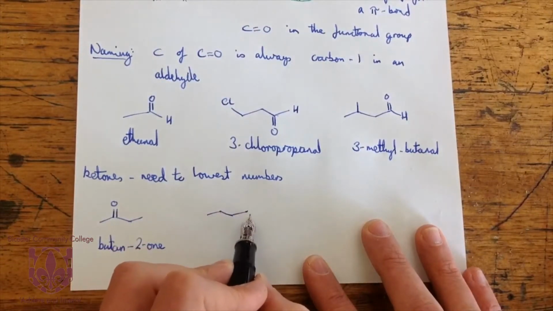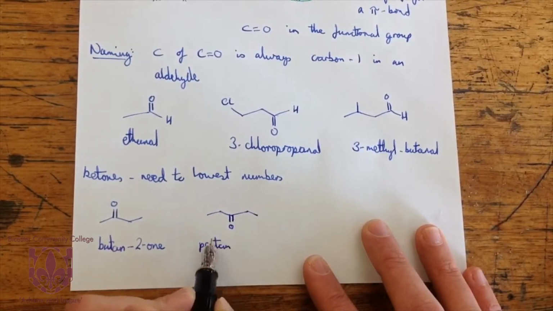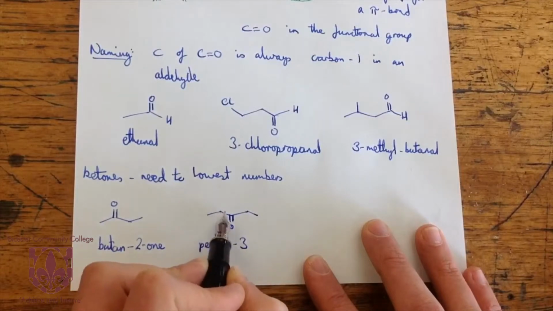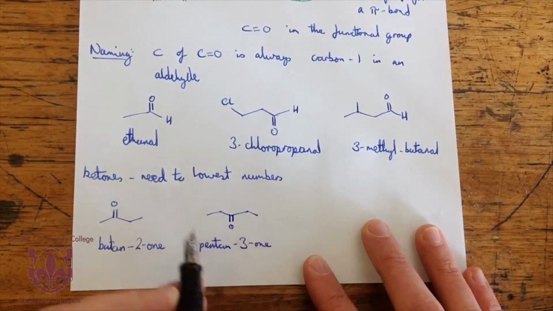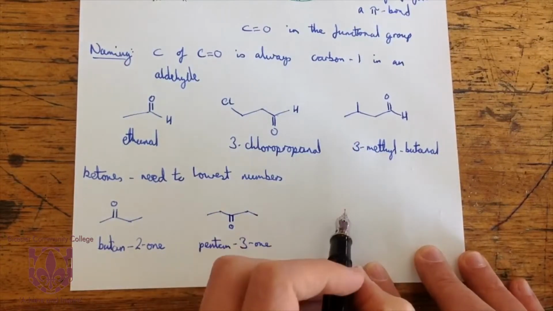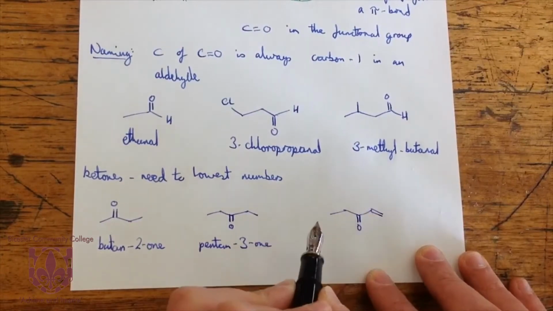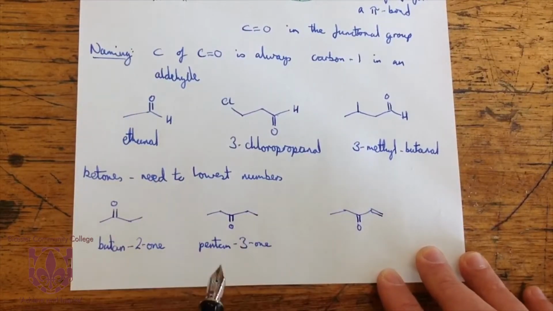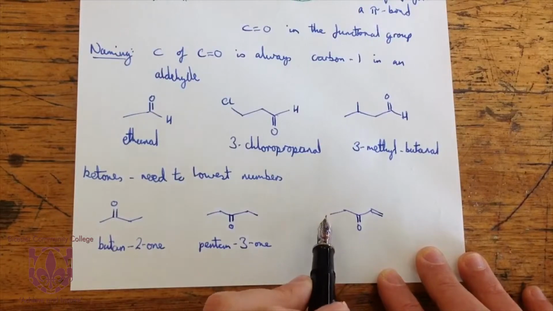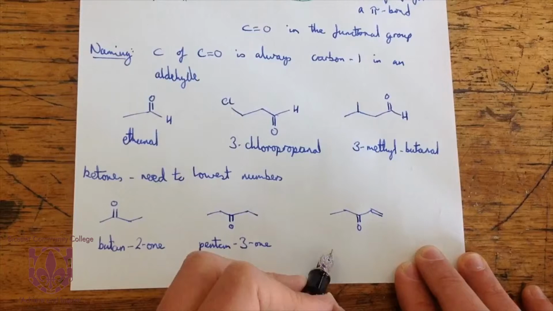So, for example, here, this is pentan-3-one. And obviously here we have pentan-2-one, so we have to be specific. And then this compound, starting to get a bit tricky, but we've got 1, 2, 3, 4, 5, so it's pent.